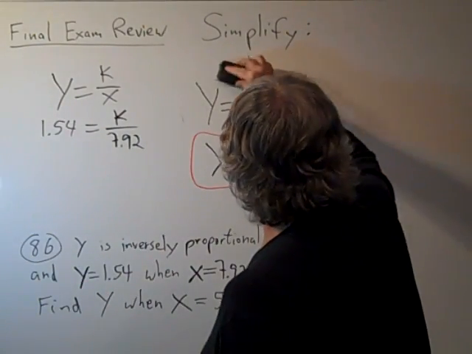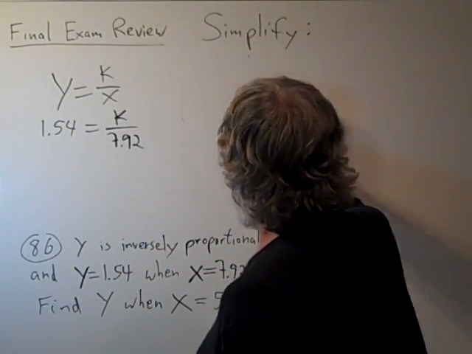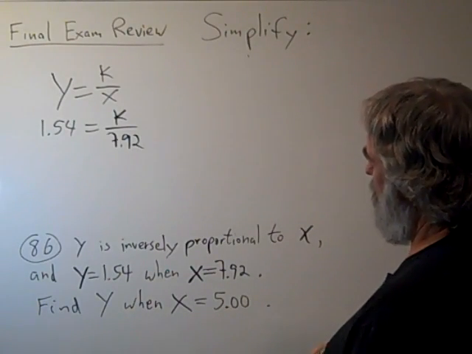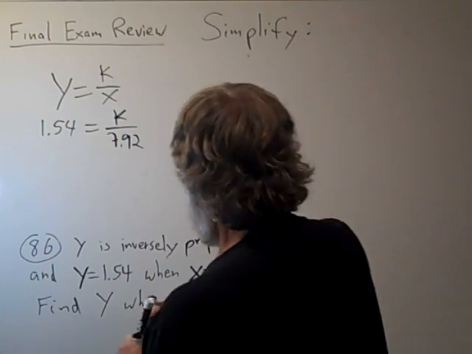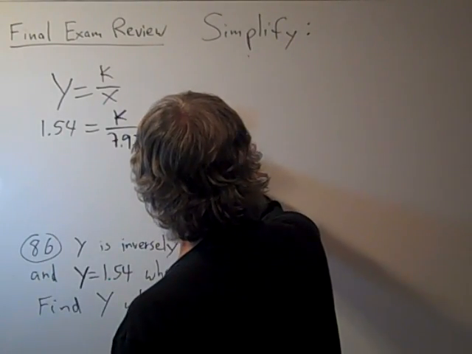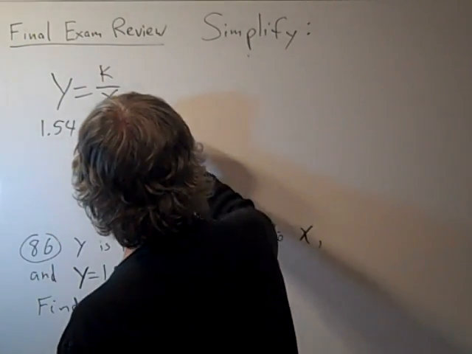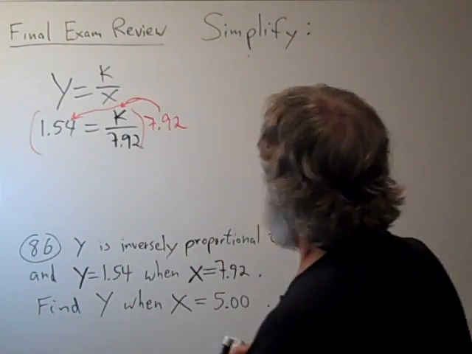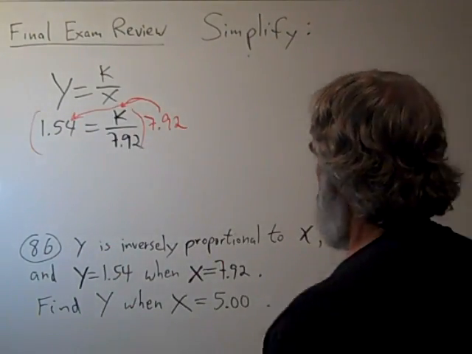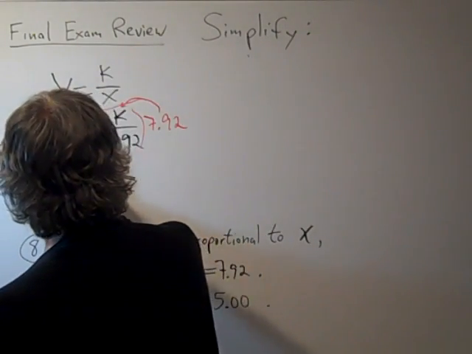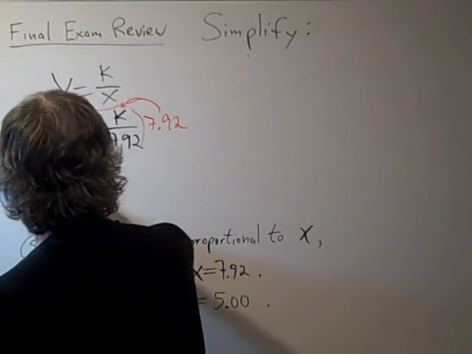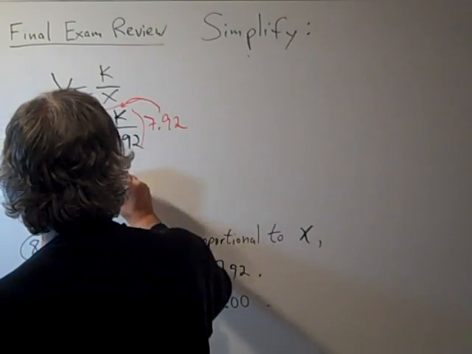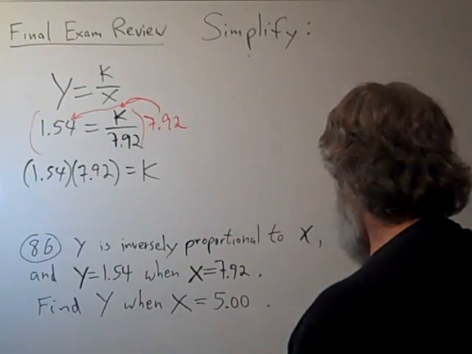Okay, so now we need to multiply both sides by 7.92. So times both sides of the equation, and you get 1.54 times 7.92 equals k.